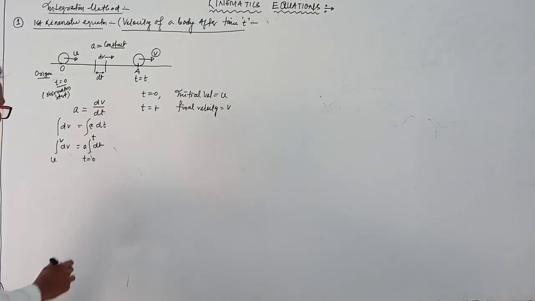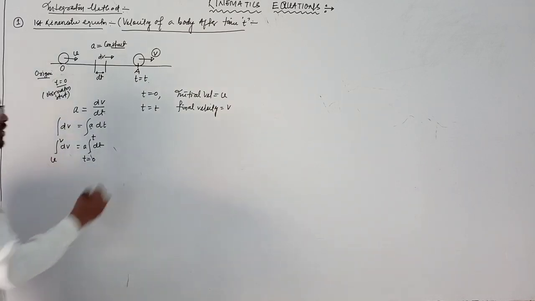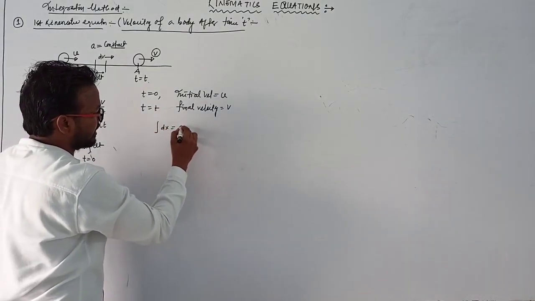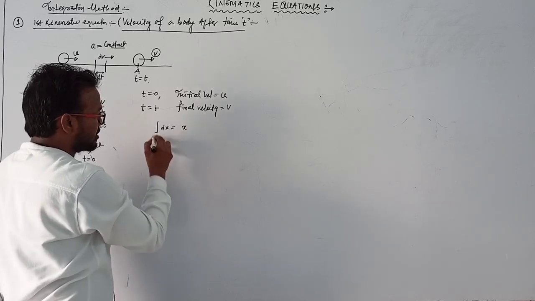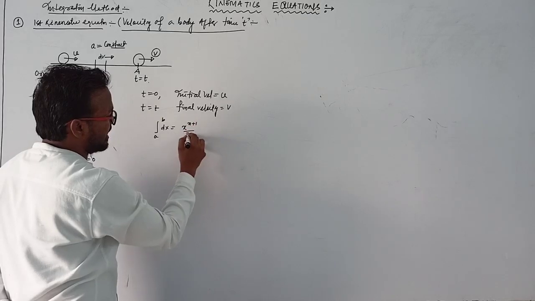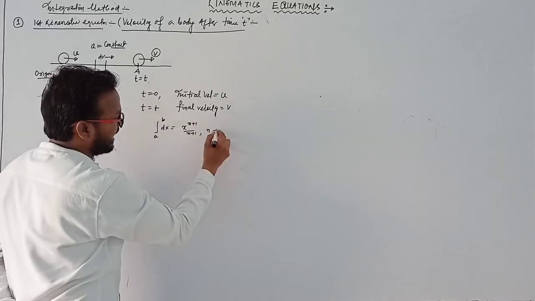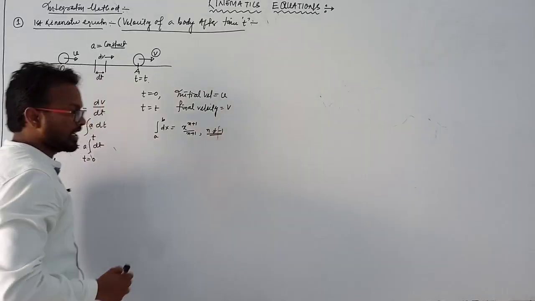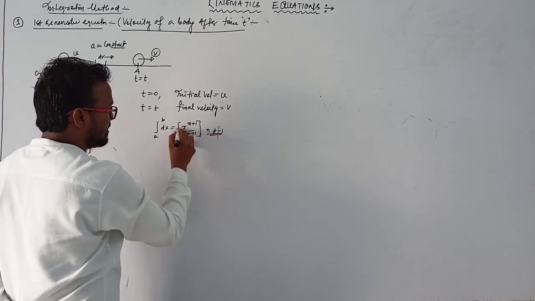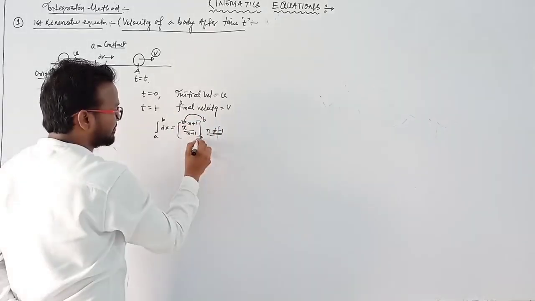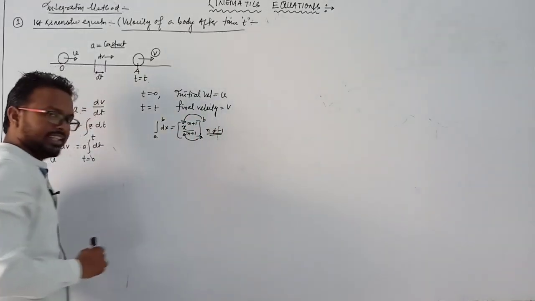Clear? So we already know the integration of x to the power n dx over some limit a to b is x to the power n plus 1 by n plus 1, where n cannot be minus 1, and we have to use the limits a and b. First we use the upper limit, then we use the lower limit with a negative sign.